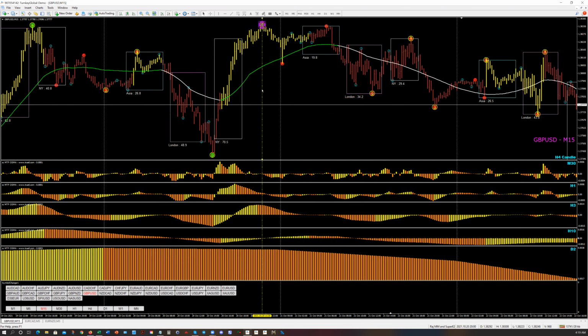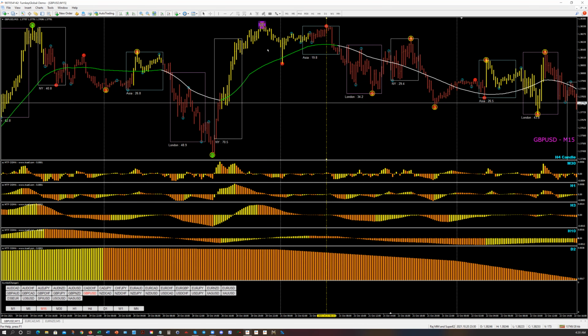So here's your 3-ball on the 4-hour. H10 doesn't turn red till here. And this is your 1, 2, 3, right? Now the 1 is a 15-minute yellow ball, 2-ball, even though it's a 3-ball on the 4-hour.